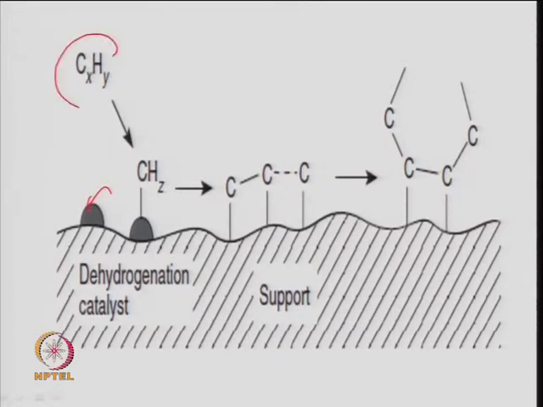So, the species comes here, and adsorbs on the surface, and then it cleaves like this. So, a kind of coke formation mechanism you can see here. So, hydrogen is being removed, and then this species has migrated with the support, which has acidic sites on the support. So, more coke formation on this kind of acidic supports. So, you need to control that, or add some kind of promoter to reduce this.